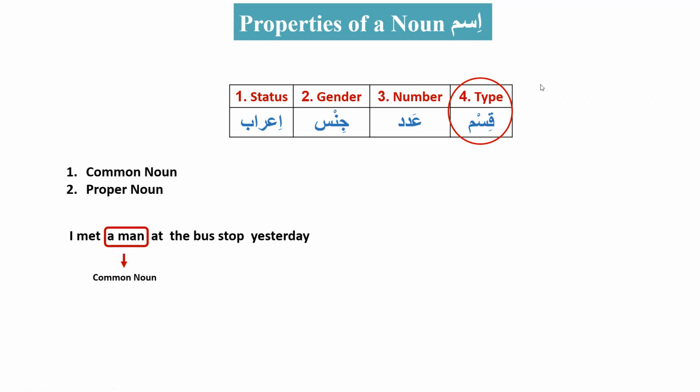Thank you, Danielle. So now I just change the sentence by replacing one word only. Instead of saying a man, I'm saying Ahmad. I met Ahmad at the bus stop yesterday. Now does this word Ahmad refer to a specific person or not?